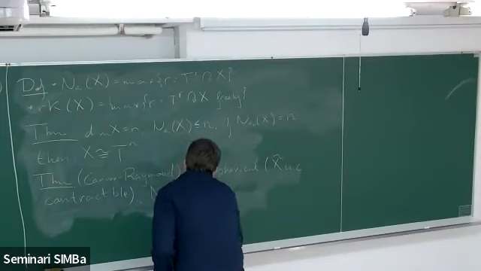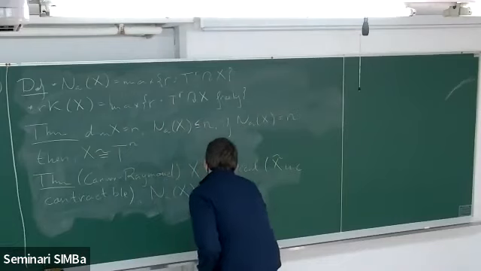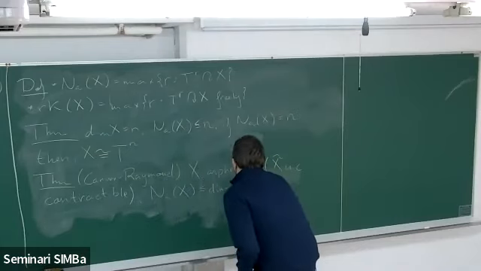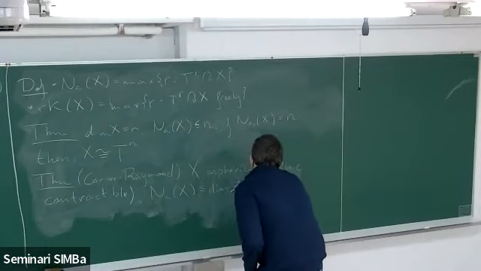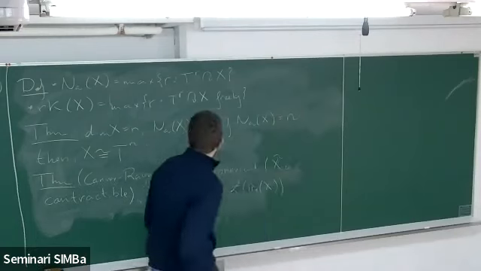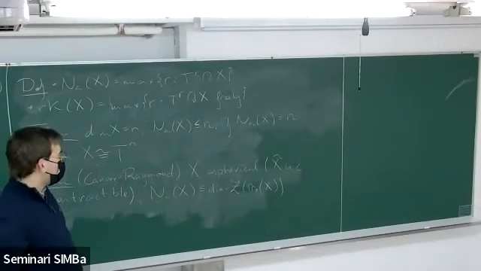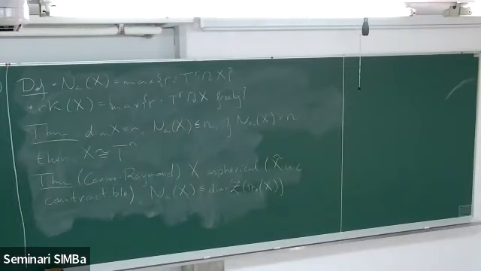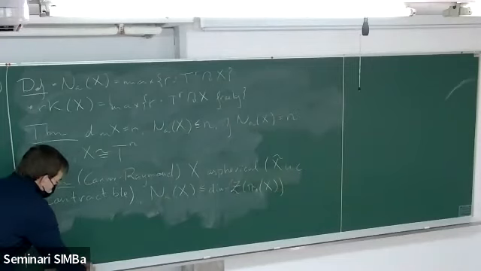Then the bound is the dimension of the center of the fundamental group. This is a very interesting question because we can ask if this is always achieved, and the answer is no. And the way you need to construct this manifold is really difficult.